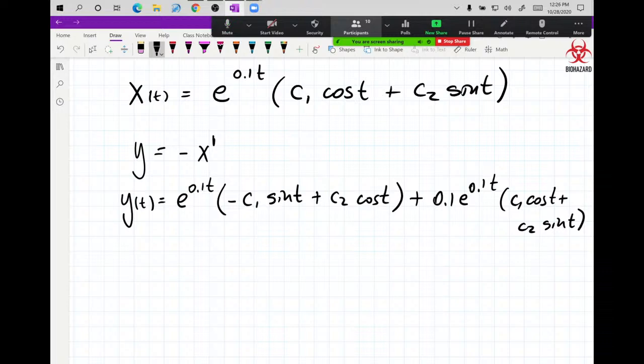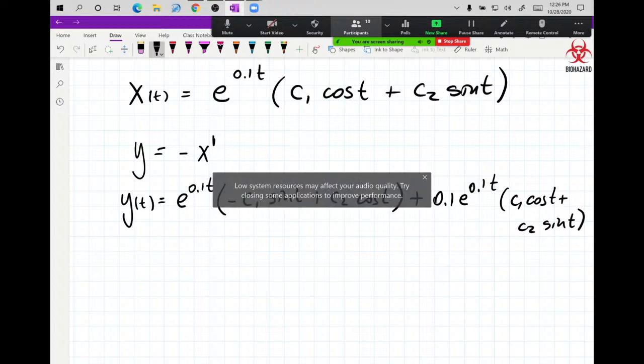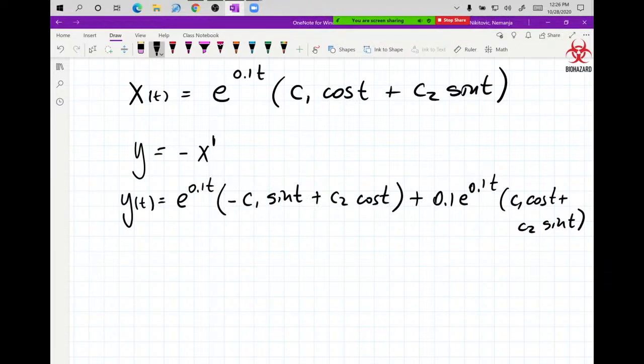And now we have those conditions, x of 0 is 0 and y of 0 is 1, to solve this. That was given to us.